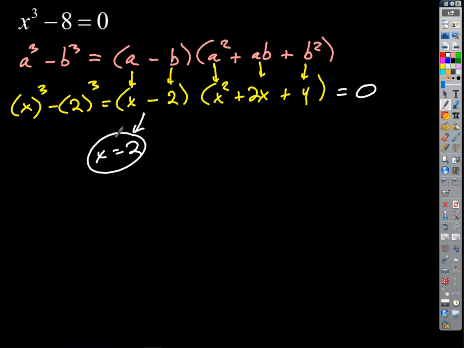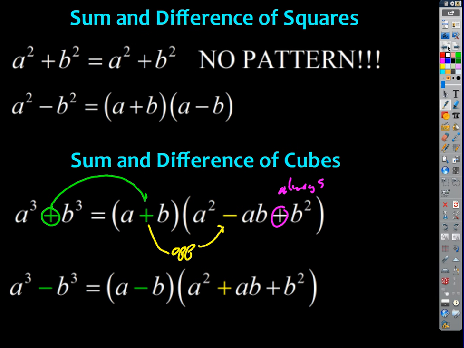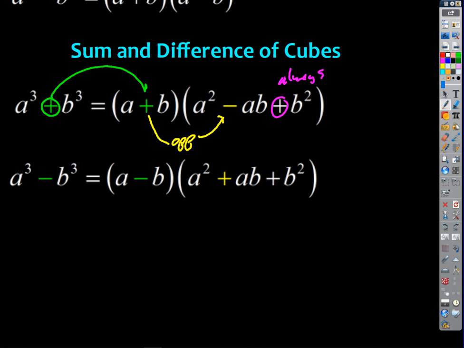This guy right here, now you could try to factor that, but one thing you're going to find, and I'll save you some time, when you do these problems, all of those quadratic factors that you get out of these cube patterns, they're what we call irreducible quadratic factors.